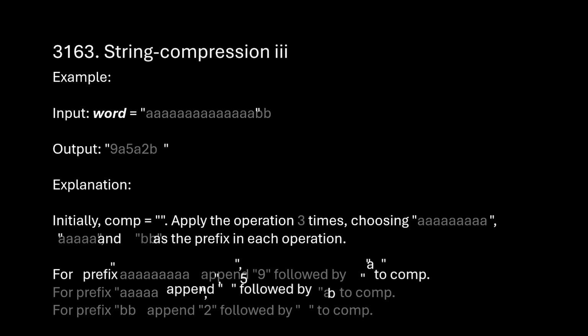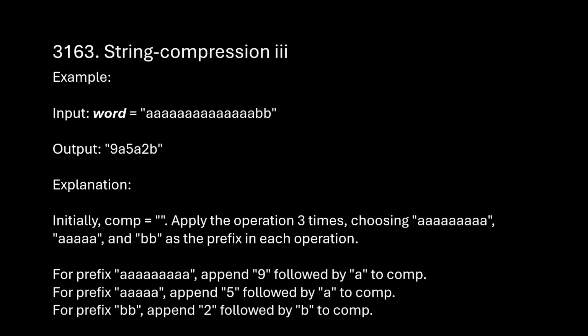A better visual will be what they mean by the number 9. As you can see here, if there are more than 9 A's, it's going to stop at 9A, append that to the output string, and then continue as if it's a different letter. So it'll count 5 more A's after, so then it would be 5A, then 2B.